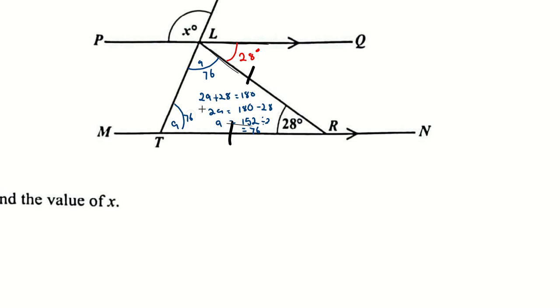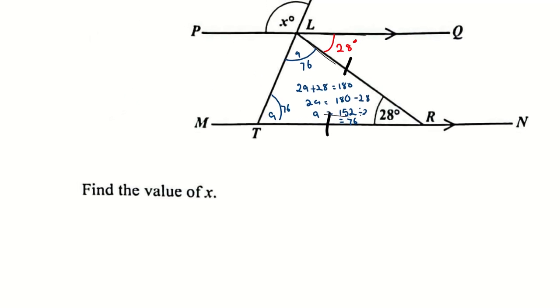Now, if you look at x and this blue and red angle, you can see that these two angles are vertically opposite. And we know, according to our rules, vertically opposite angles are equal.